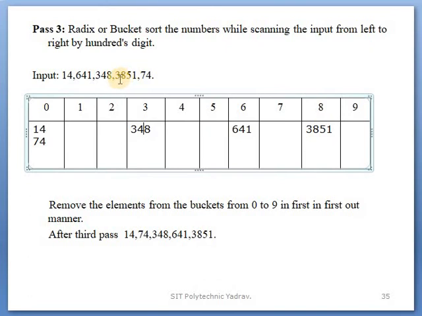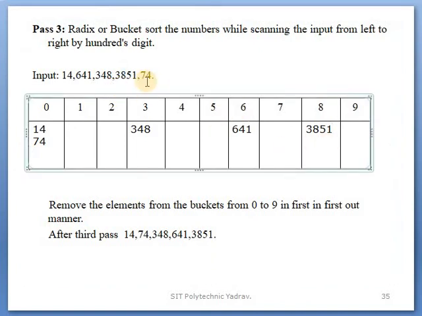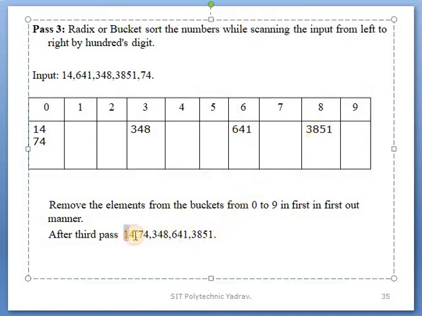In 3851, 8 is the hundreds position element, so write in pocket 8. In 74, there is no hundreds position number, so consider it as 0 and write in pocket 0. After that, the numbers are collected from pocket 0 to 9 in first in first out manner, which means 14, 74, 348, 641, 3851, and these numbers are given to the next pass as input.